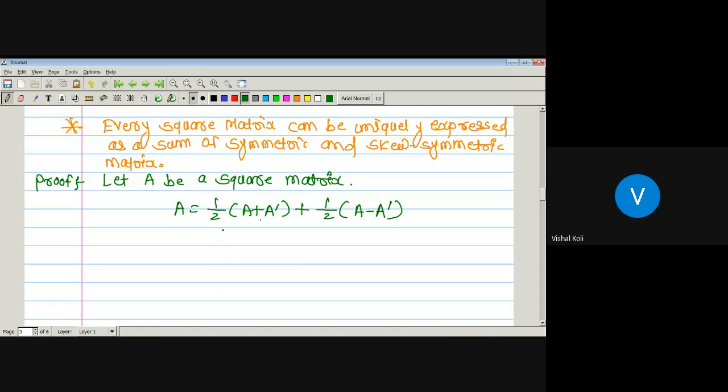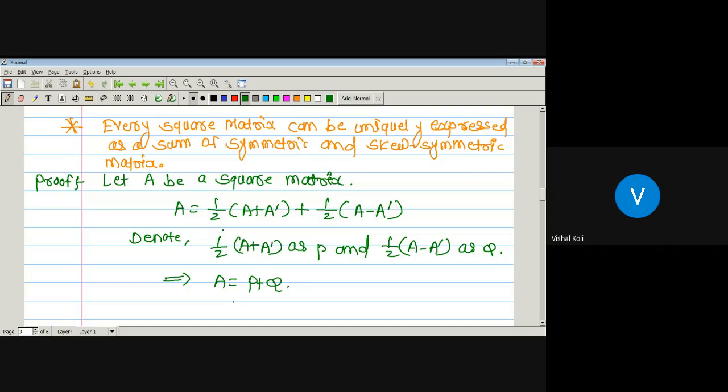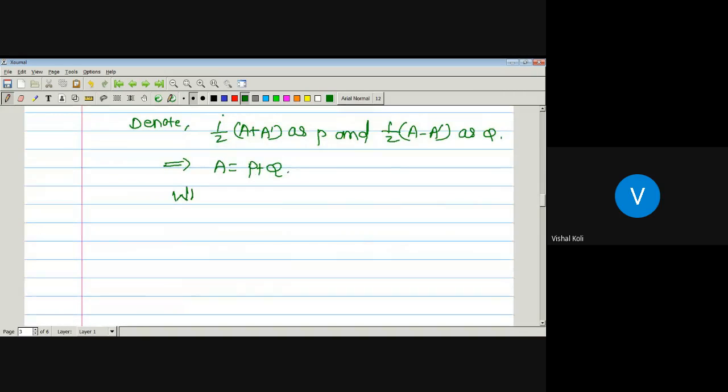Now let us denote 1 upon 2 (A plus A dash) as P, and 1 upon 2 (A minus A dash) as Q, which implies A is equal to P plus Q, where P equal to 1 upon 2 (A plus A transpose), and Q is equal to 1 upon 2 (A minus A transpose). So here A can be expressed as the sum of these two matrices P and Q.